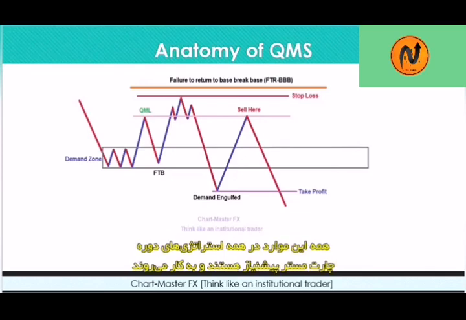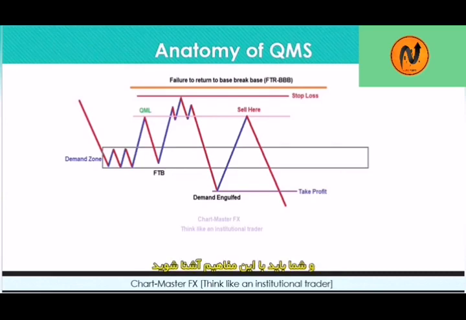They actually make a significant contribution towards the standards of all the SOPs that we trade at Chatmaster FX. So you need to be familiar with those concepts, because once you become familiar with them, it helps you to understand every standard operating procedure that we will be dealing with at Chatmaster FX.